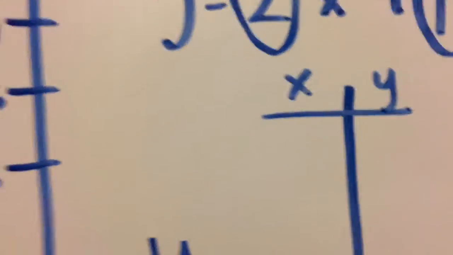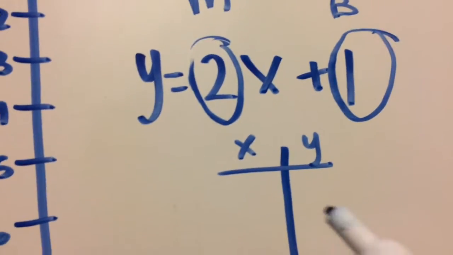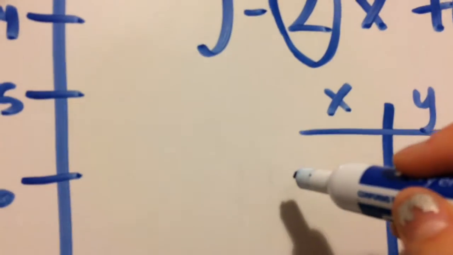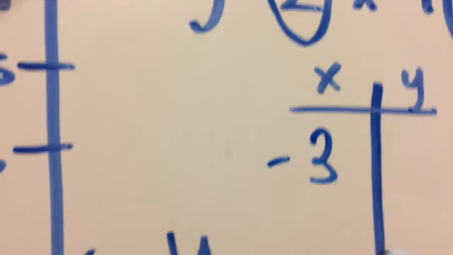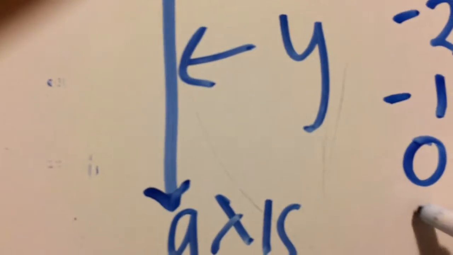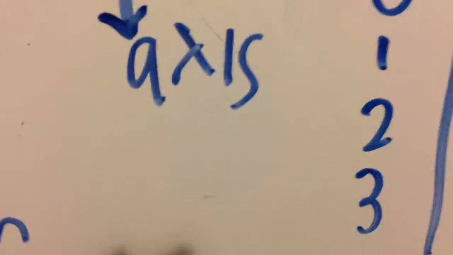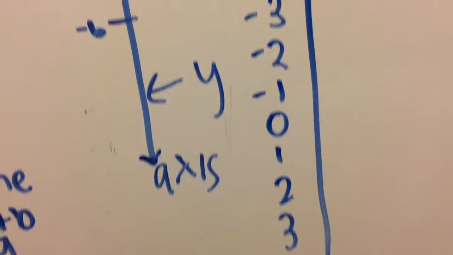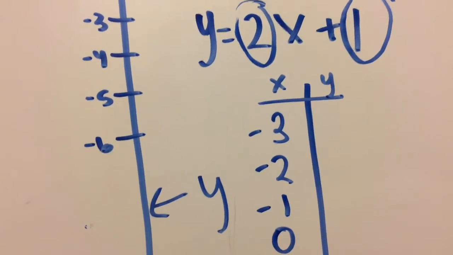So basically, okay, say we plug in a point for x. Normally I like to start with -3, and then I go down to -2, and then -1, and then 0, and then 1, and then 2, and then 3. So that's how I like to do it. You definitely do not have to do it that way if you don't want, but that's how I do.